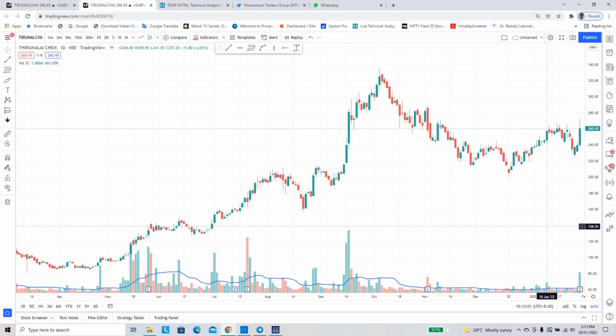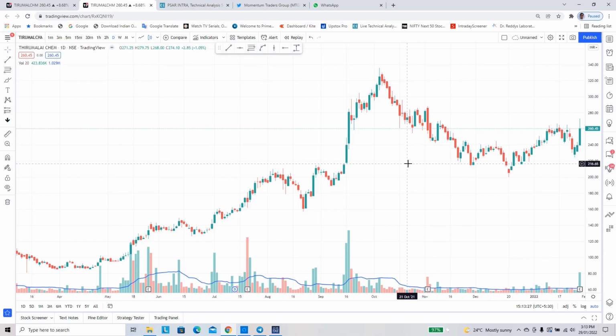So let's begin. In this I will explain in detail how to set up indicators on a TradingView chart, what settings to use, and how those indicators can be used for buy and sell signals.